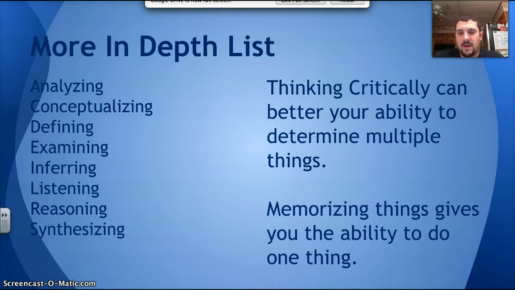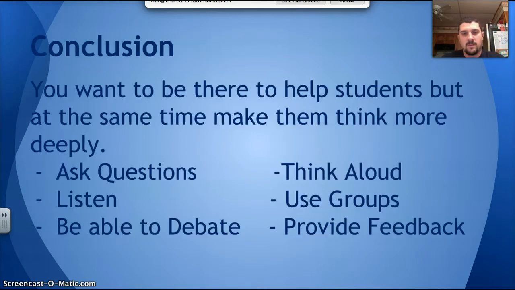To me, a lot of the times kids tend to just memorize things, and when you memorize, it's giving you the ability to do one thing, whereas critical thinking lets you move on, and you can do multiple things from that. It's the old saying: you give a man a fish, he eats for a day, and if you teach a man to fish, he never goes hungry.